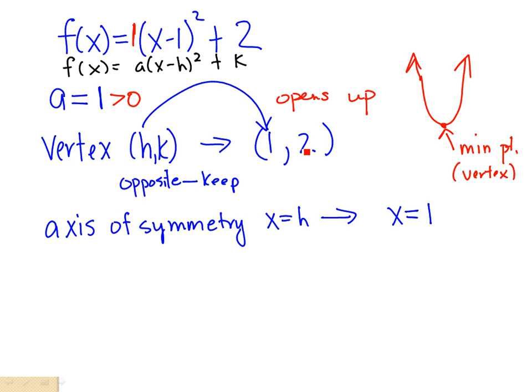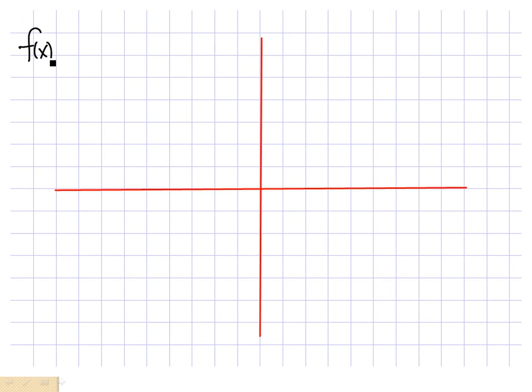Okay, let's attempt to graph using the standard form. We have f of x equals x minus 1 squared plus 2. We see that we will have a horizontal translation of 1 to the right. So from the origin, you'll go over 1 to the right, and then you'll go up 2. So we're here.